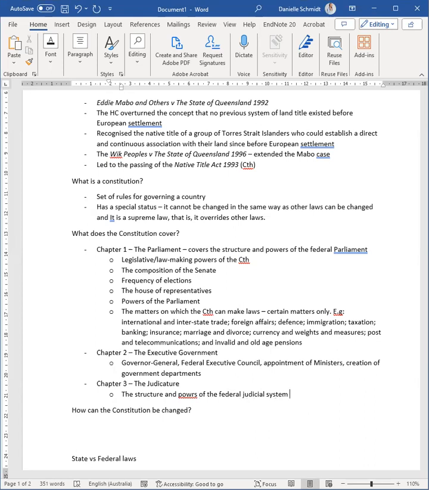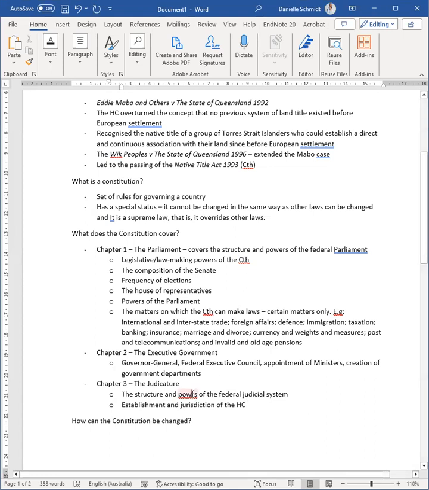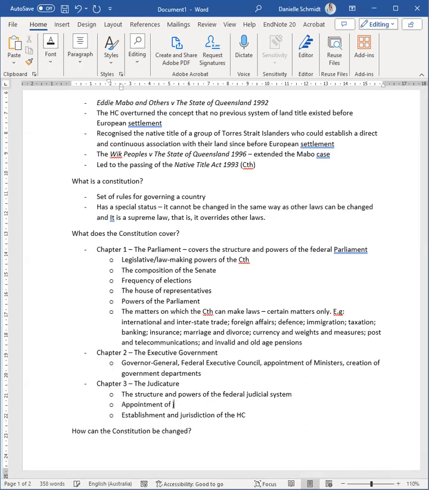So we have the establishment and the jurisdiction of the High Court. We know how to create other federal courts. We have appointment of judges, etc., etc., etc. Things like guarantee of trial by jury for specific offences against Commonwealth law. Things like that are found in chapter 3.